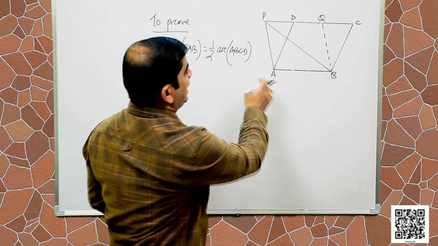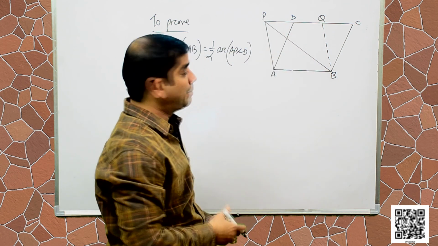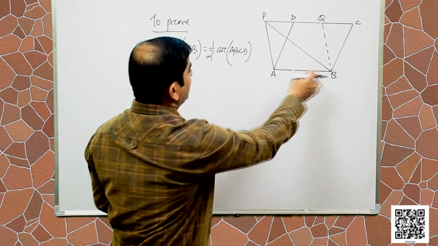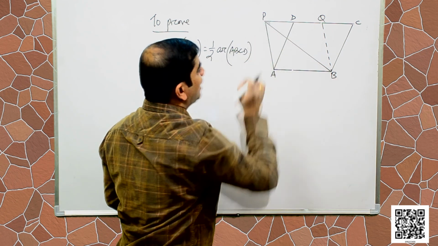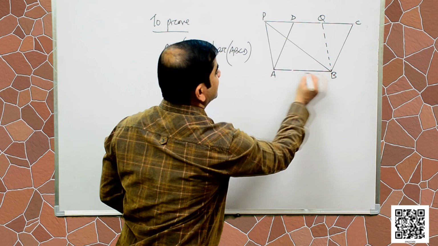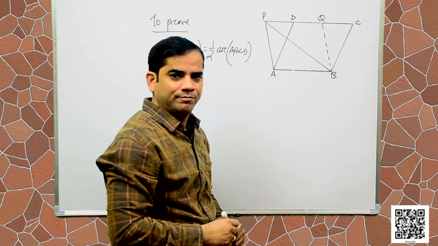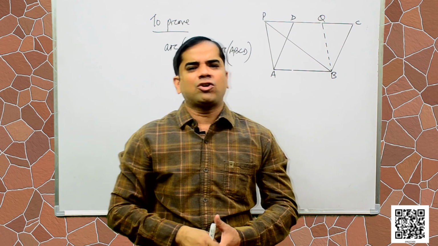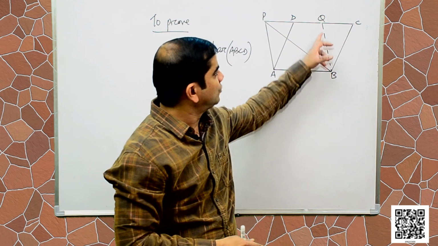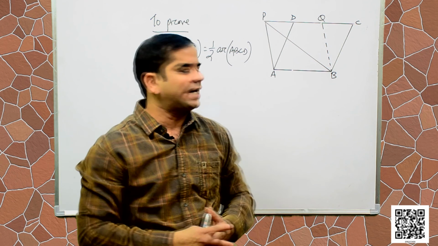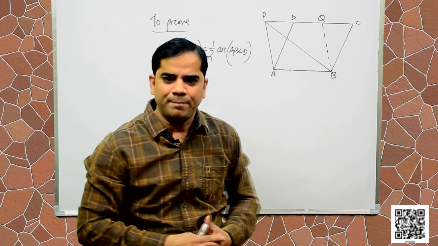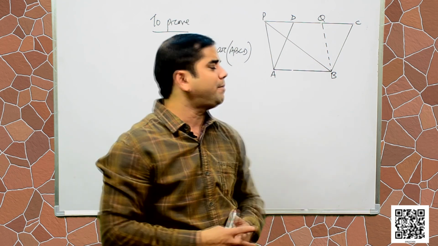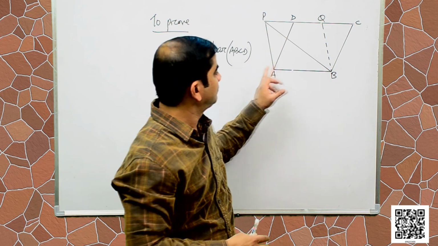So ABCD is a parallelogram over here and PAB is a triangle and both have the same base AB. So let us now draw BQ. You need to draw BQ parallel to AP to obtain another parallelogram ABQP.